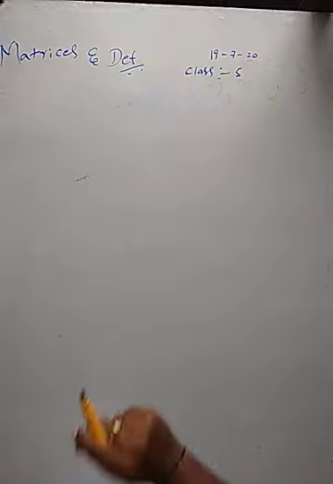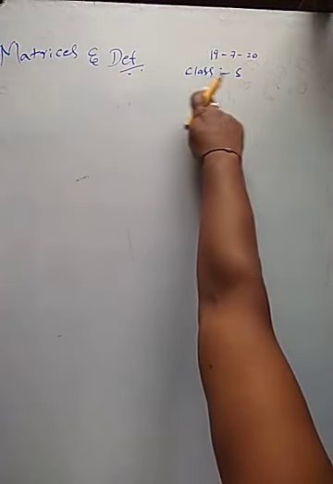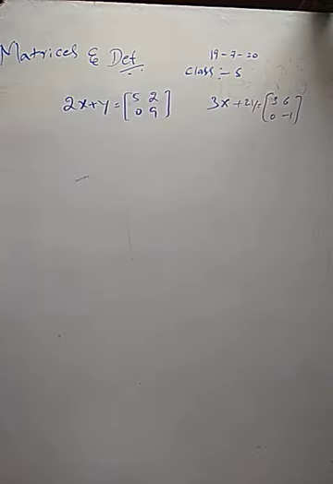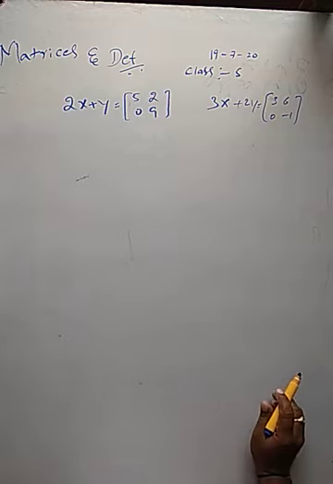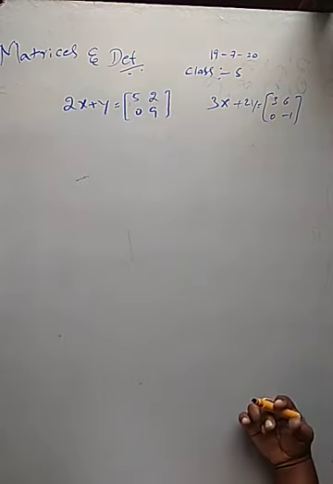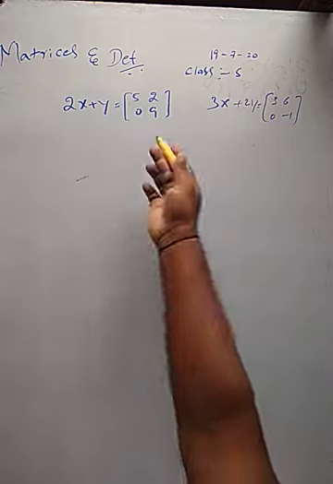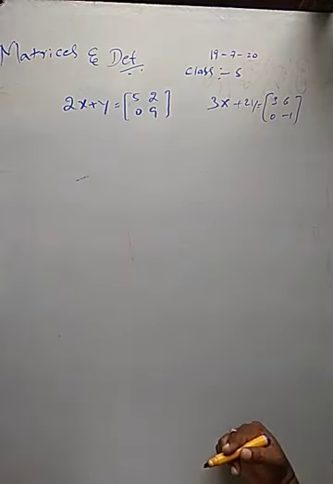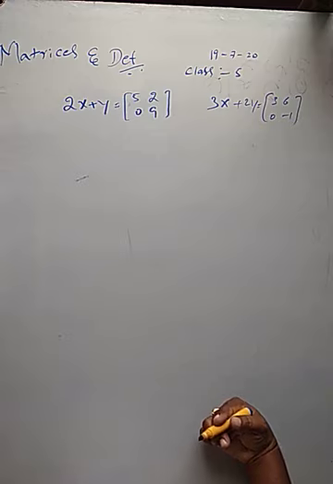Today we are in class 5, same chapter, matrices and determinants. Now we are in problems. Yes, there is a problem. 2X plus Y matrix is given. 3X plus 2Y matrix is given.